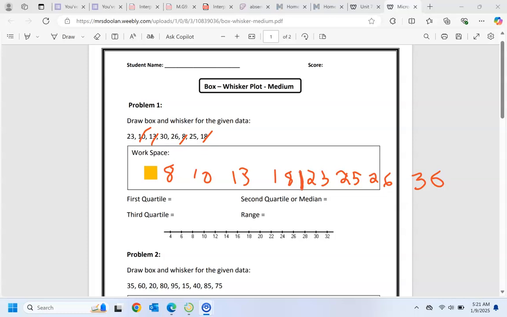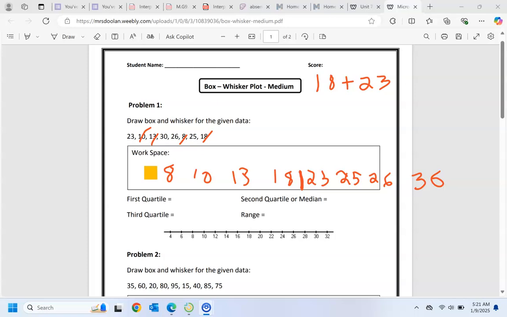So the middle is going to be in between these two, 18 and 23, okay? So because the middle is between 18 and 23, we need to add those two numbers together and then divide. So when we add 18 and 23 together, we get 45.